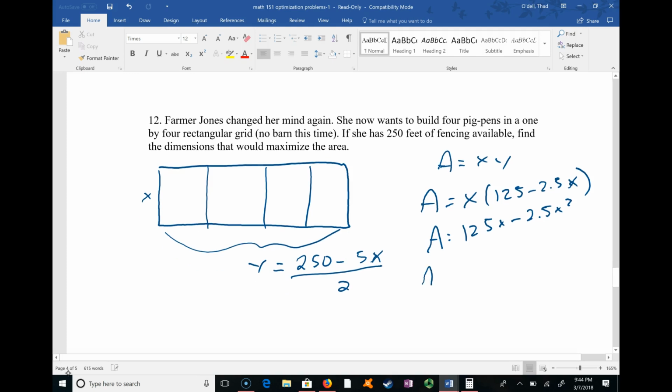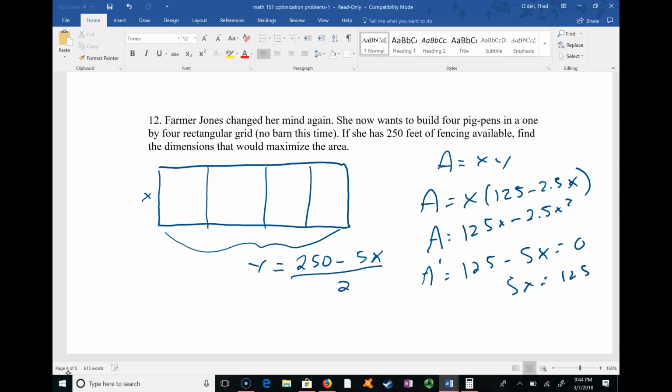Take the derivative, and I get A prime is equal to 125 minus 5x. So that equals 0. We get 5x is equal to 125, which means x is equal to 25. And remember, x is the length of this side piece of fencing.